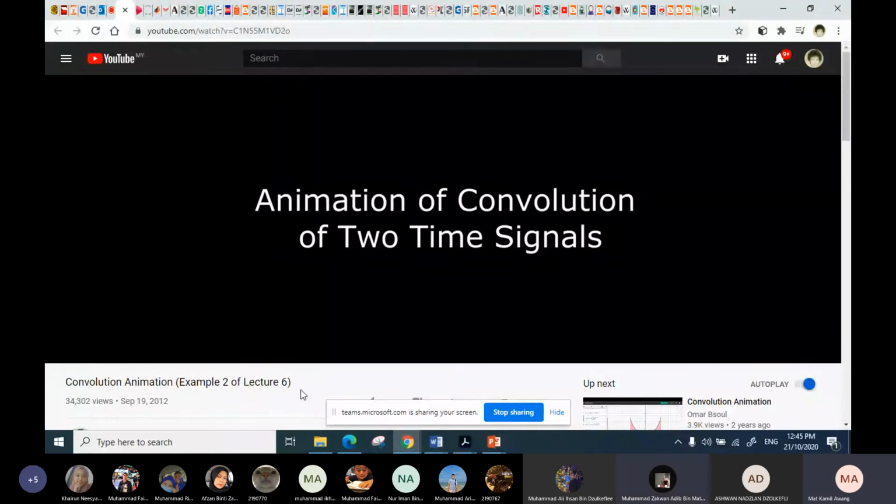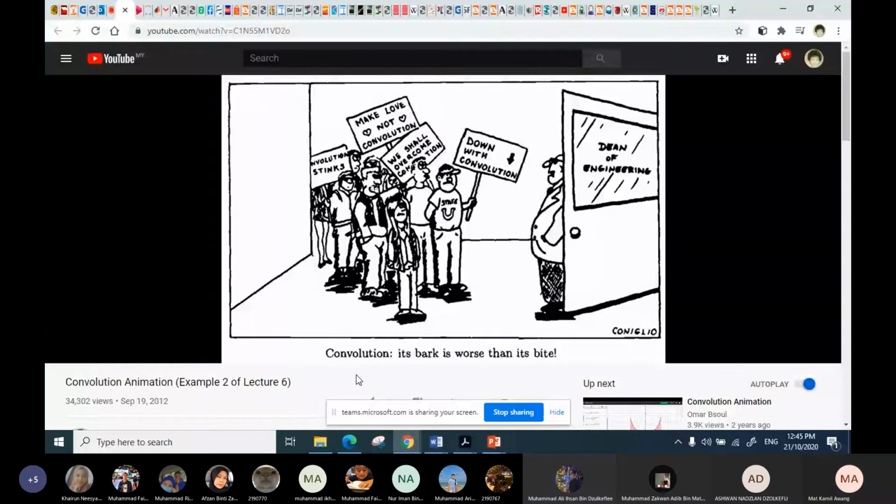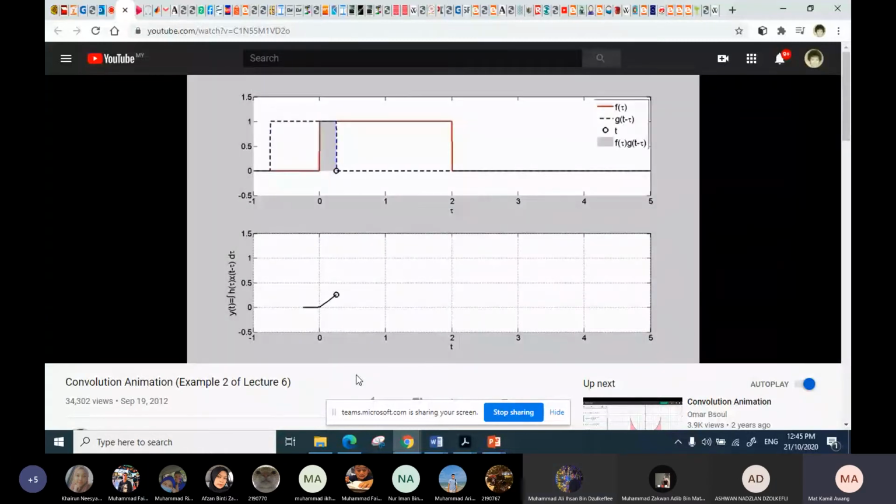So this is what I was saying. Let's say you have these two signals, f of t and g of t. Now that is the convolution of two signals. You see the animation? How one window is static and the other one is moving.